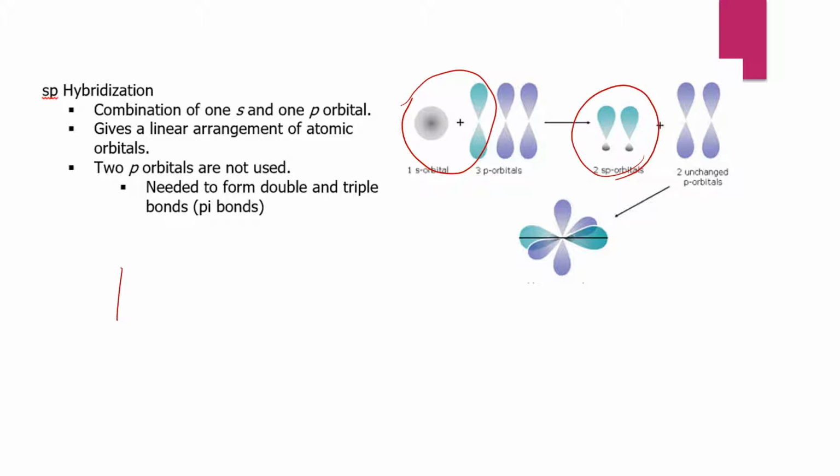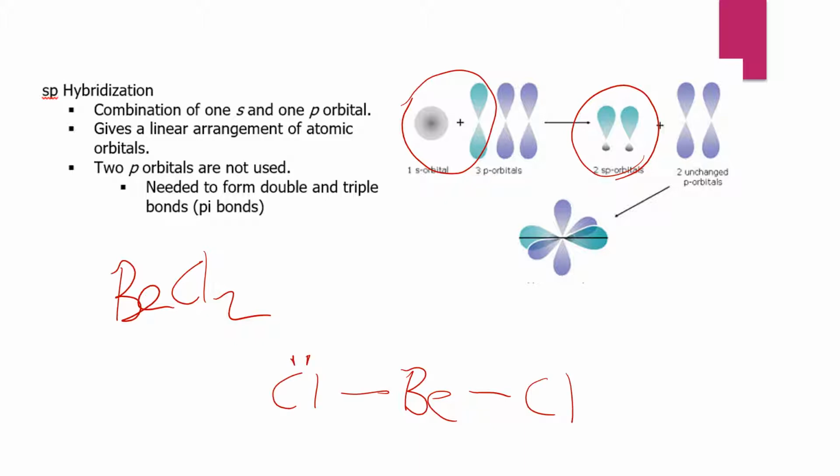This would be like if you had beryllium chloride, the beryllium atom is making a single bond to each of the chlorine atoms, and it has bonds going in 2 directions. There's no extra electrons. This would be the linear shape.